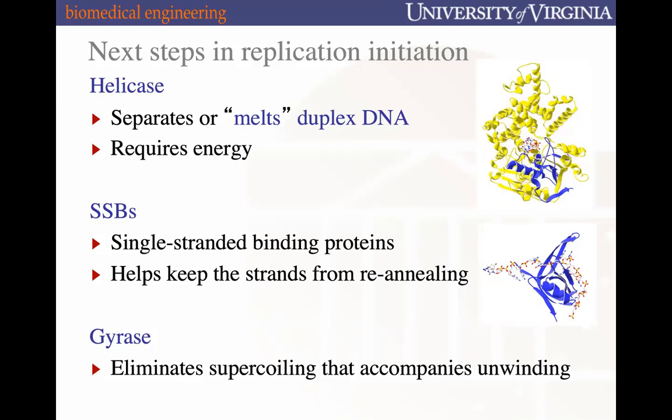If they're just sitting separated, and nothing is stabilizing them, they'll want to go back and re-anneal to form the double-stranded DNA complex. So what we have are single-stranded binding proteins that bind to single-stranded DNA after helicase melts them and stabilize them in a single-stranded conformation. And so it helps stop them from re-annealing together so that replication can continue forward.